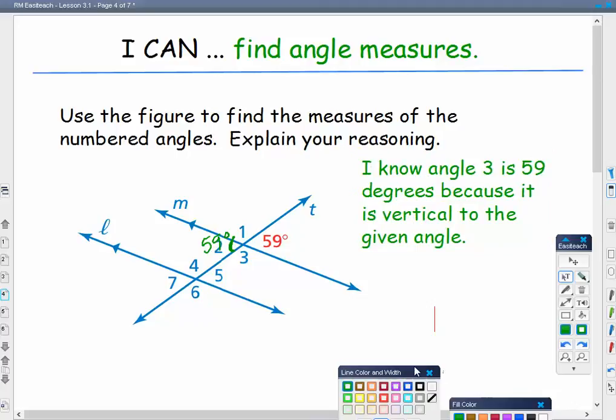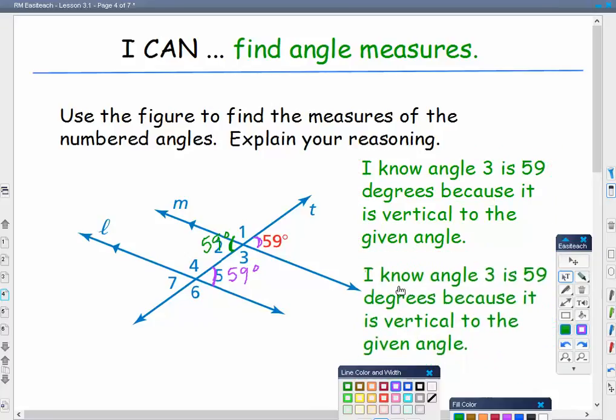Okay, so in purple, let's take a look at angle 5. I know angle 5 is 59 degrees. How do I know angle 5 is 59 degrees? Because it corresponds with the given angle. So I'm going to copy and paste this and make it purple so it matches up here.